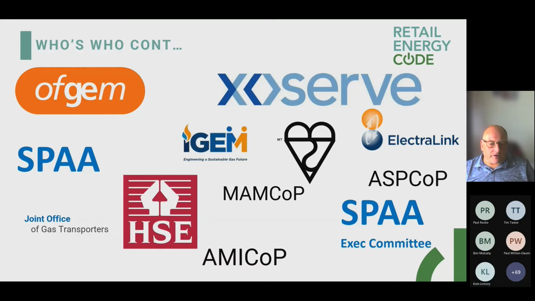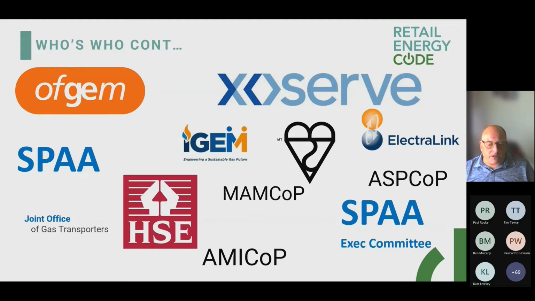They're the ones that you ultimately end up answering to. So the last three that you've got on there: MAMCOP, ASCOP, and AMICOP. With the MAMCOP, you'll see later on that this terminology has changed. It used to stand for Meter Asset Management Code of Practice, and it was facilitated by the SPA, who managed both the audit process and the document itself.